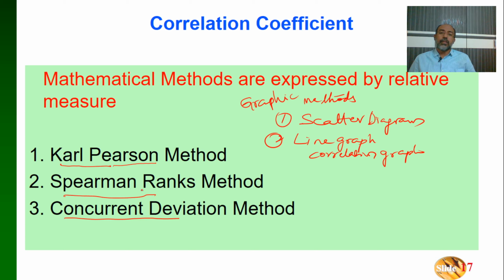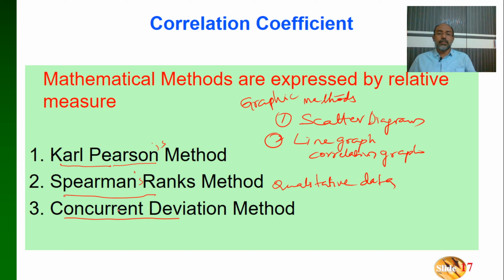Whereas for qualitative data, we use Spearman's rank method. So Karl Pearson's method, Spearman's rank method.